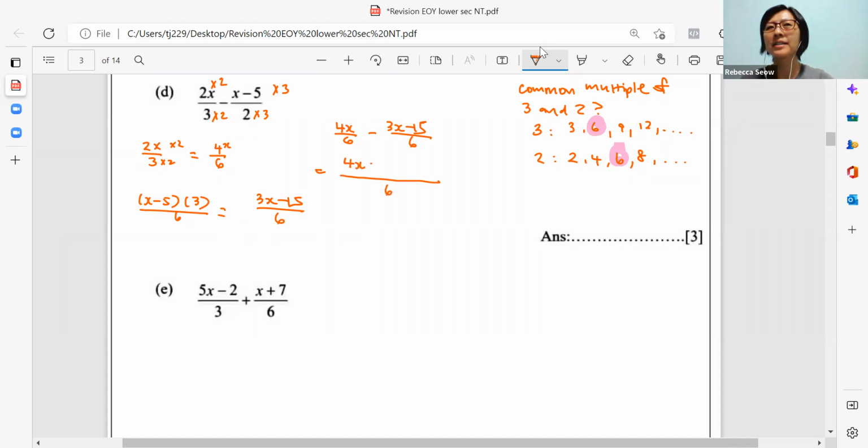So we have 4x, take away whatever we have here. So what happens when we remove the bracket? When there's a minus sign outside and when we remove the bracket, all the terms will change from positive to negative, from negative to positive. So it will be take away 3x plus 15 over 6. Okay. So this will be our answer.